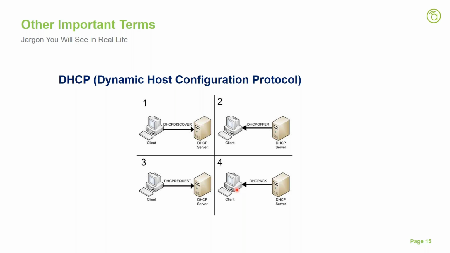And after 12 hours, if this device doesn't check in again and say, I need to renew my IP address, then the DHCP server would assume this device is no longer in the network, and it frees up this IP address that it gave before to give it to someone else, because there are a finite number of IP addresses.